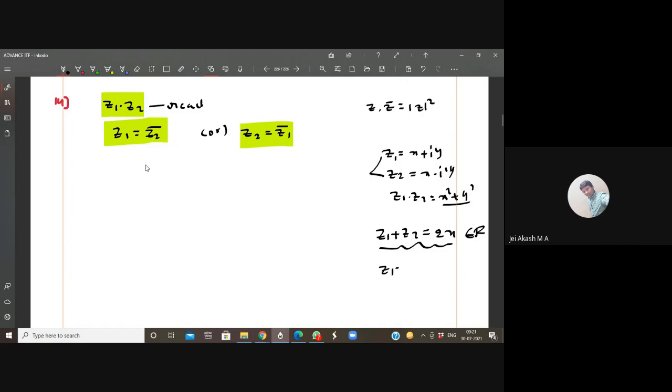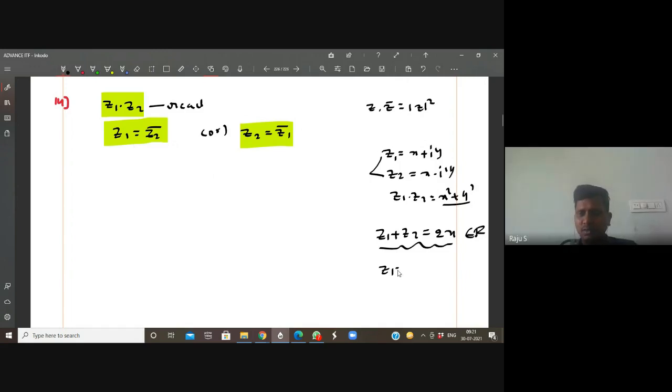Z1 is equal to minus Z2 conjugate, then minus Z2 conjugate plus Z2. What about this value? Z is equal to x plus iota y. Observe carefully here. Z conjugate is x minus iota y.